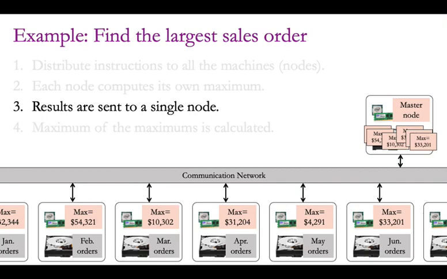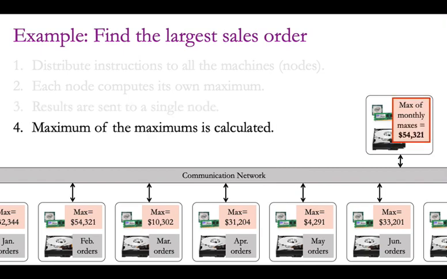So these are all the maxima from down here. And then this node can just scan through them, and that would be very quick because there's only a small number, maybe a few hundred nodes at most, to find the maximum overall, which in this case was $54,321 from February, right? So that was a trivially parallelizable problem.